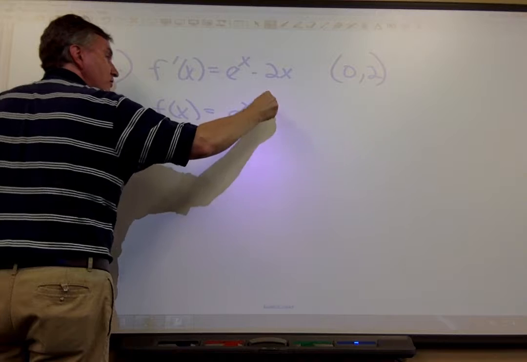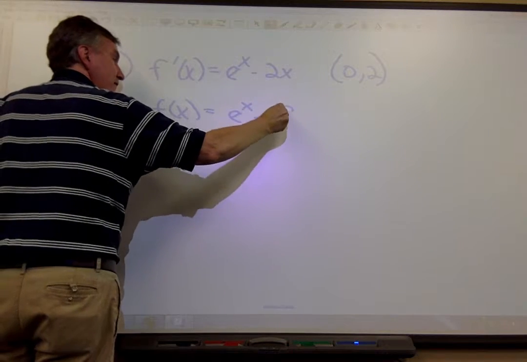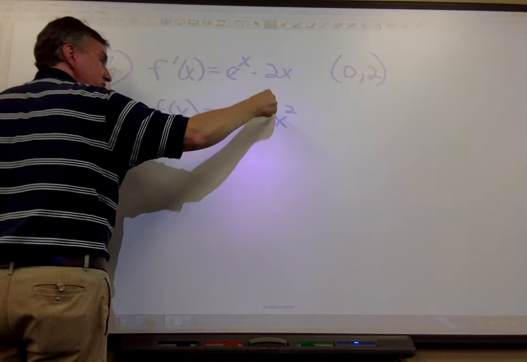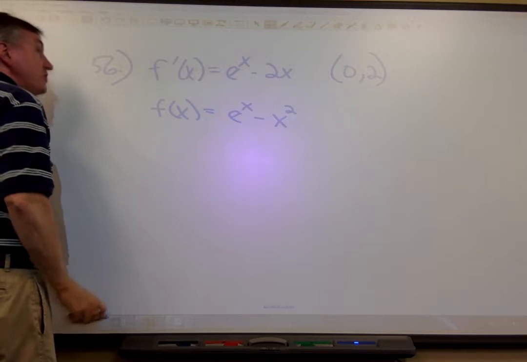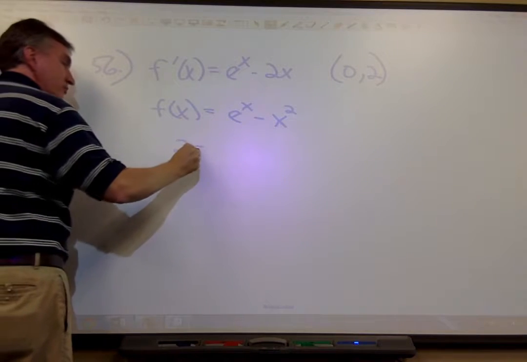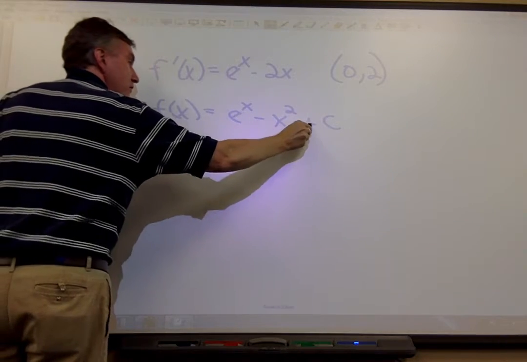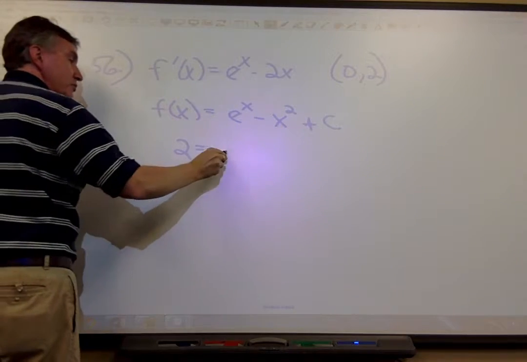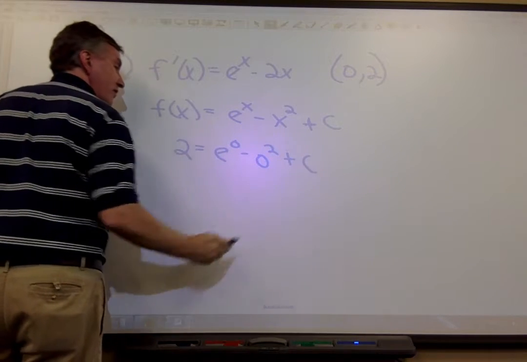What will go here? 2x squared over 2, the 2's would cancel, do you agree? Then what will I say? Plus c, yeah. 2 equals e to the 0 minus 0 squared plus c, is that right?